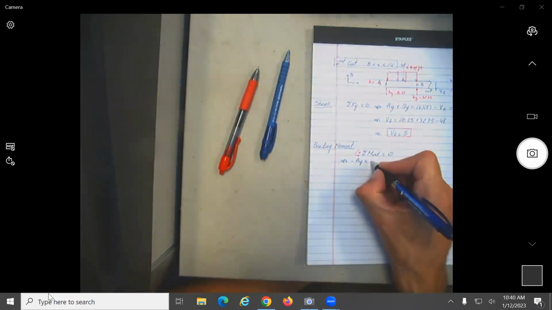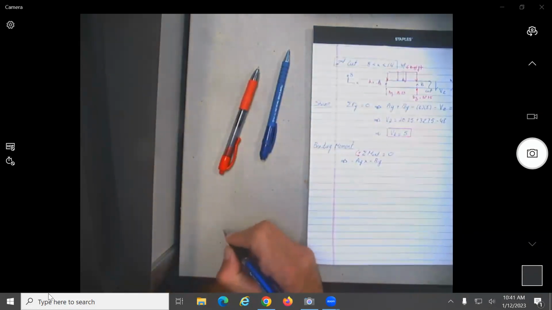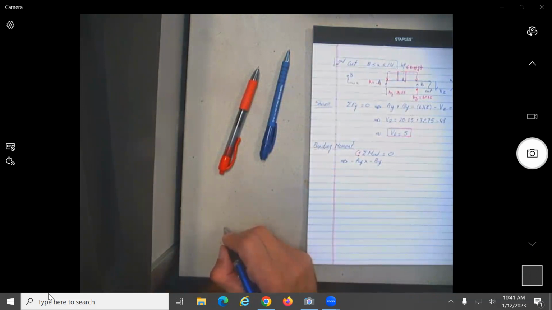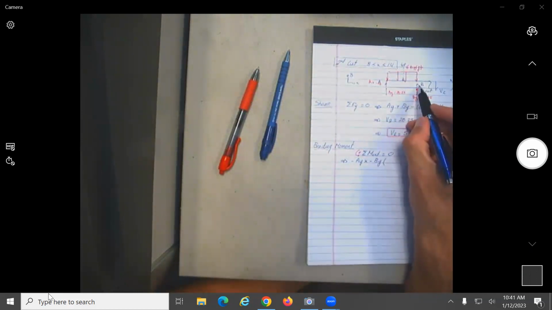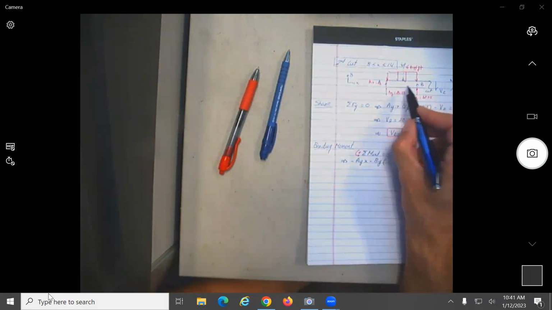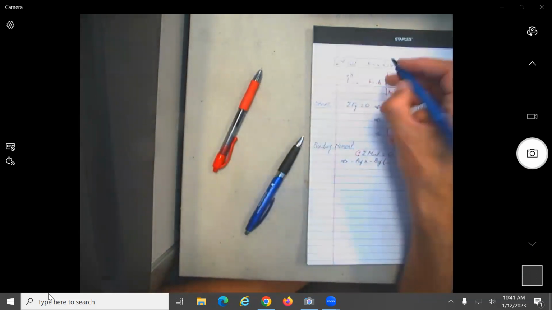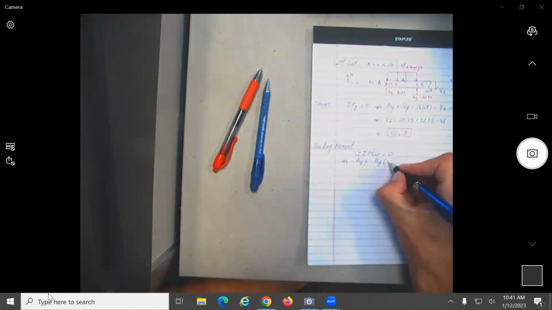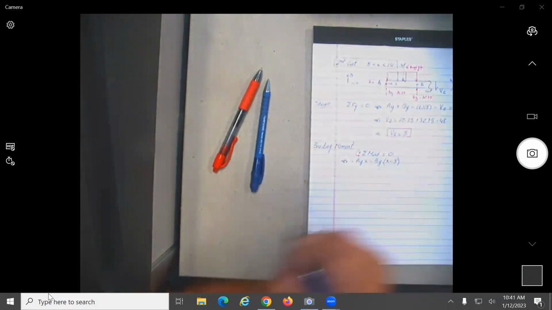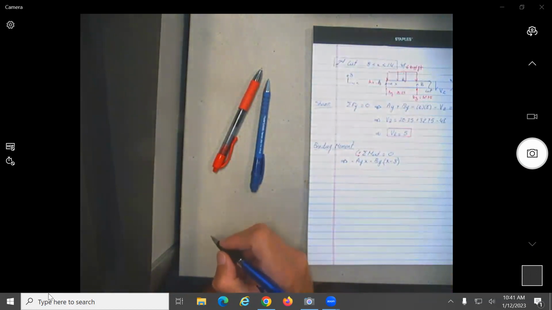BY will create a positive or negative moment? As with AY, same direction, it will be creating a clockwise moment. BY is the value of the force. What will be the value of the arm? It will be that distance over here, no? X starts from here. It will be X minus 8.